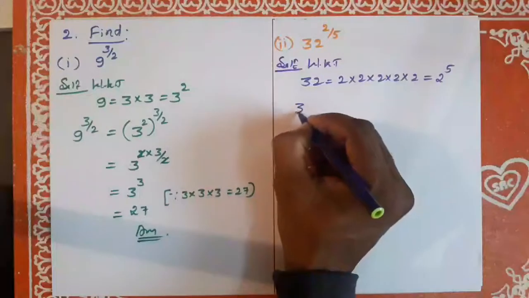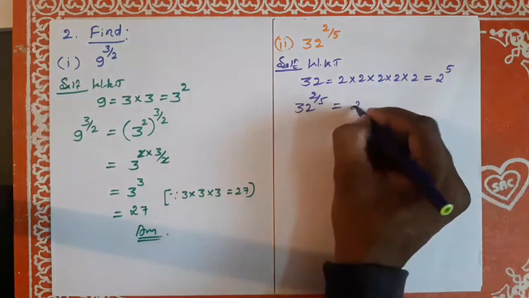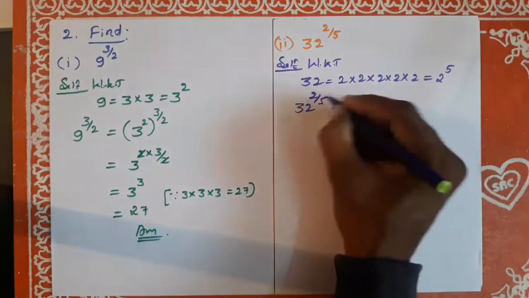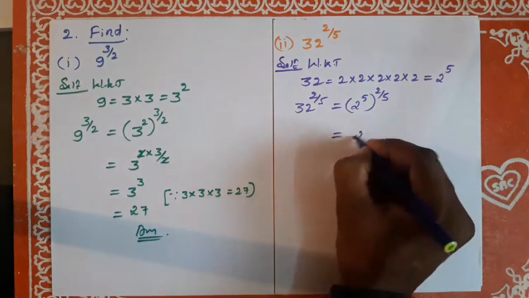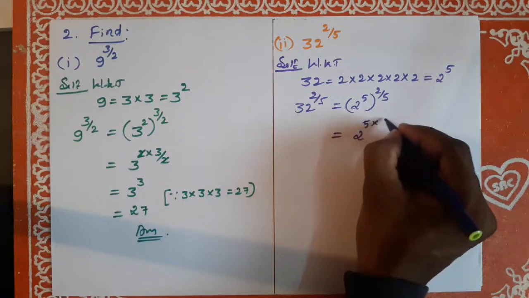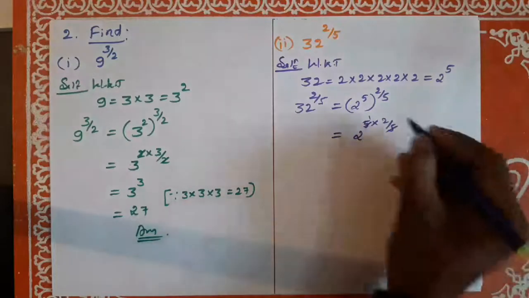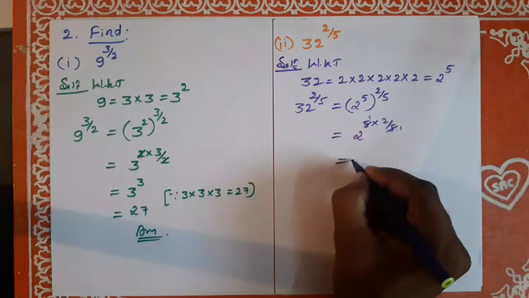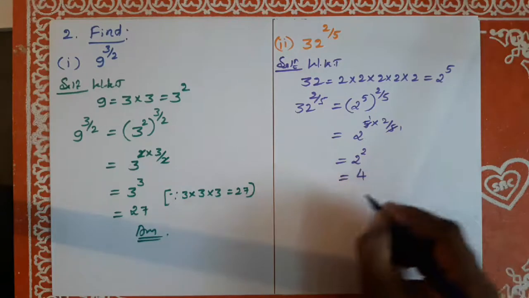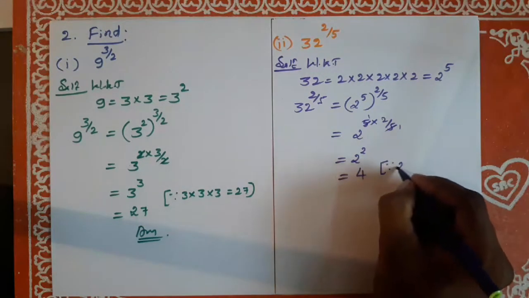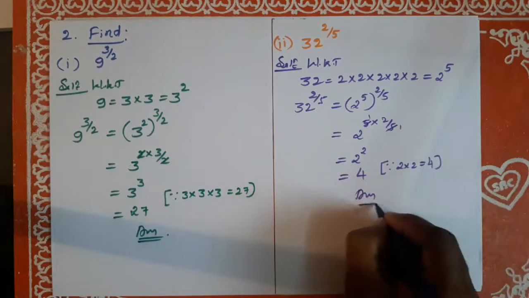So 32 to the power of 2 by 5 can be written as 2 to the power of 5 whole to the power of 2 by 5, which is equal to 2 to the power of 5 into 2 by 5. The 5s will get cancelled, remaining is 2 square. 2 square is equal to 4, because 2 into 2 is equal to 4. This is the answer.